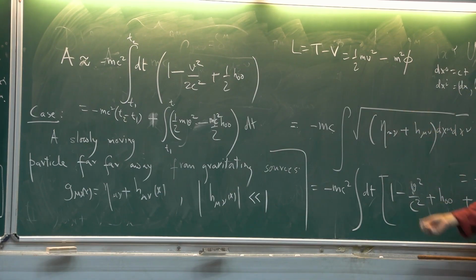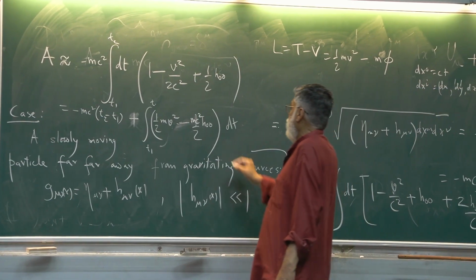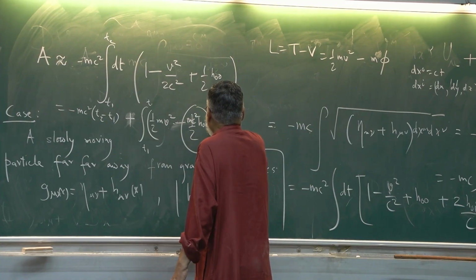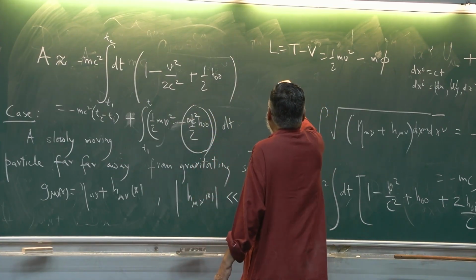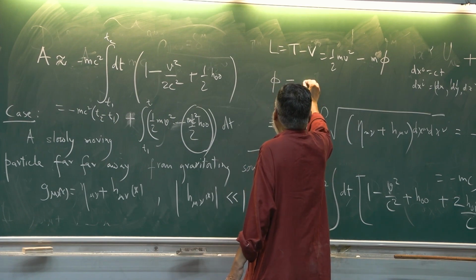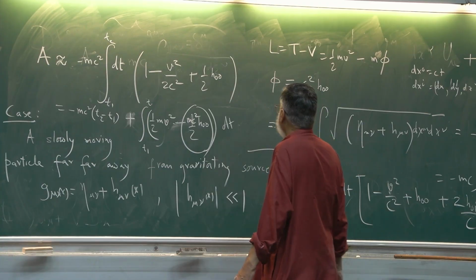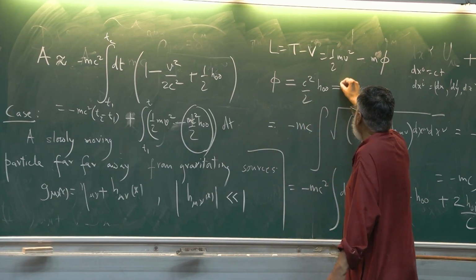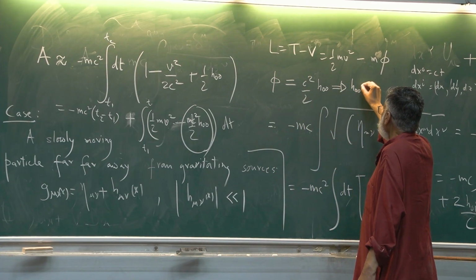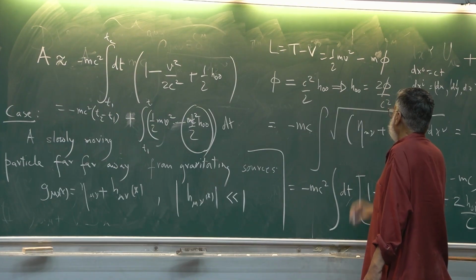This would be your Lagrangian, and you will do all the rest. So you immediately see that this object must be identified with m phi, or the Newtonian potential is to be identified with c squared by 2 times the 0, 0 component of the perturbation. In other words, the 0, 0 component of the perturbation is 2 phi, the Newtonian potential, divided by c squared.